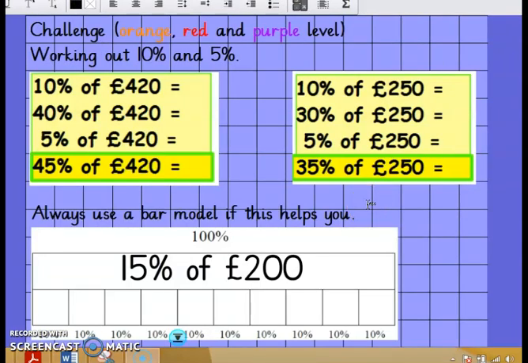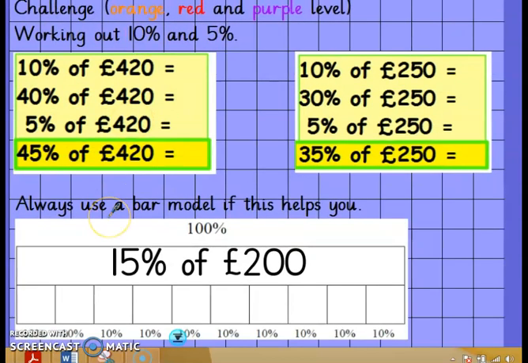Moving on to our final slide before you start your task. Some of the questions will require you to find 15% of a number, or 25%. So to find 5% of a number, first of all we need to find 10%. So straight away you should know that 10% of £200 is £20.